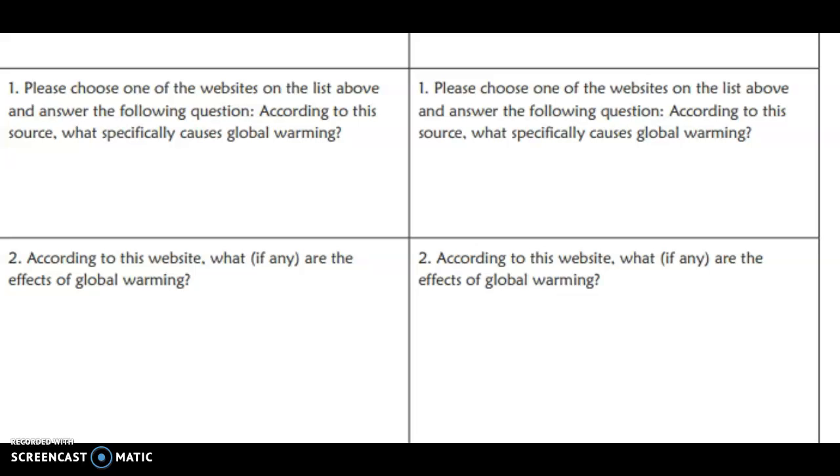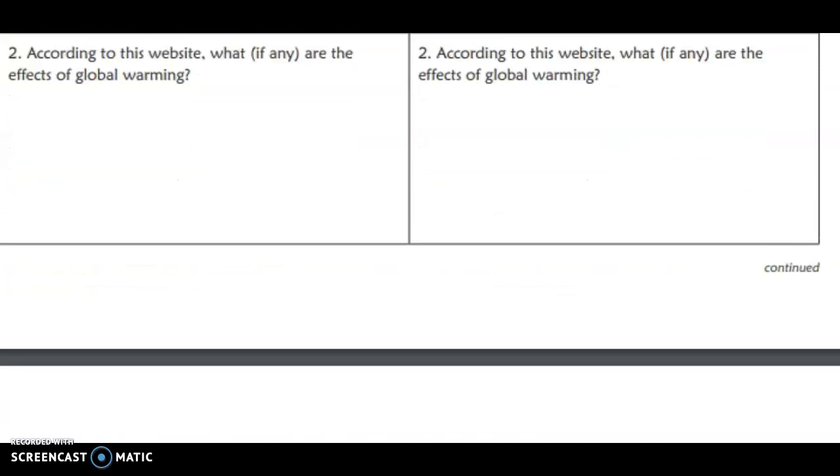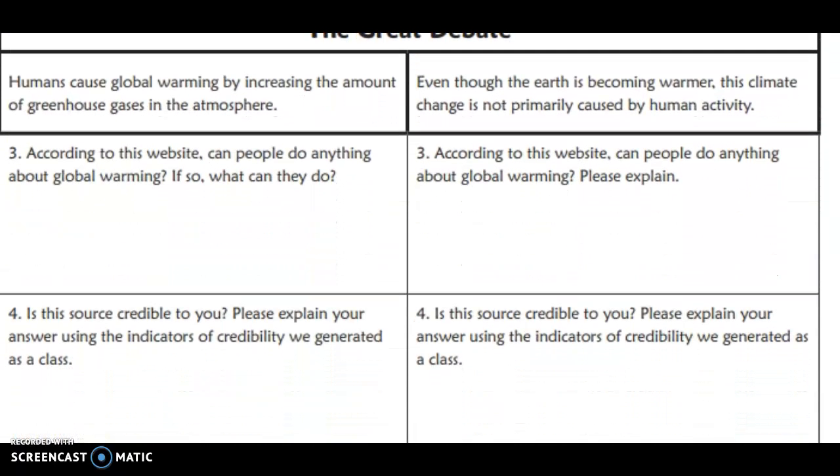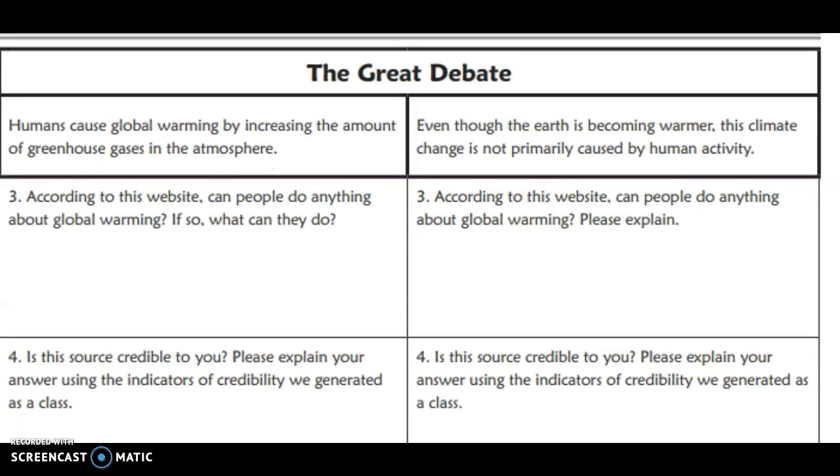Once you've answered those two simple questions, then you're going to move on and attempt to answer two more. Here's another part of the argument, right? This particular perspective says again, humans cause global warming by increasing the amount of greenhouse gases in the atmosphere.